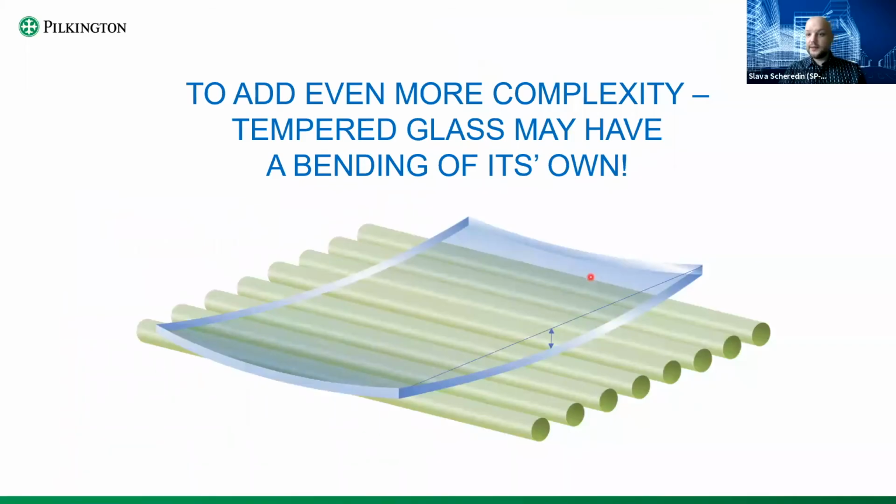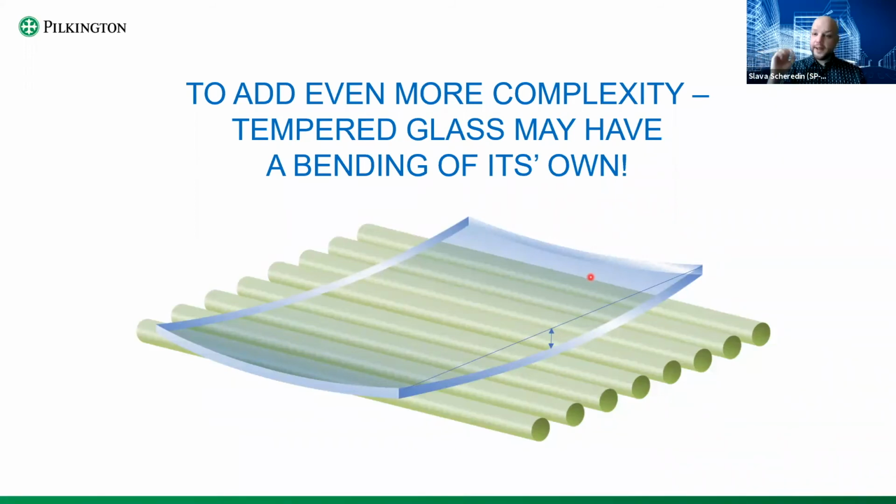And that is tempering. Tempered glass, by the standards, can have bending on its own, because tempered glass is not as flat as normal annealed glass. That is because of the heating and cooling process. For different glass, different size, different thickness, quite different.